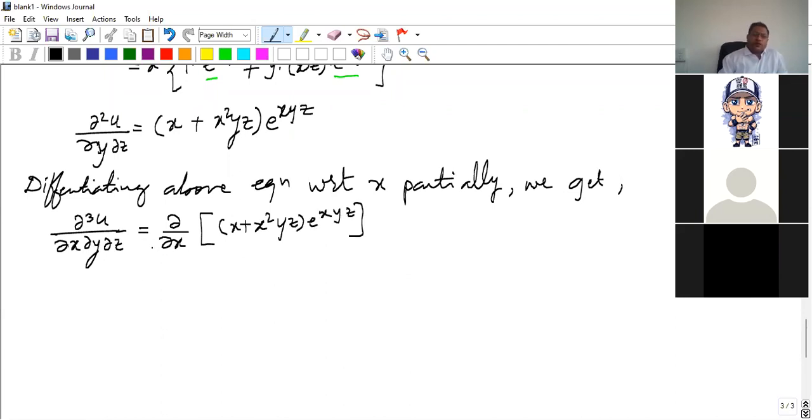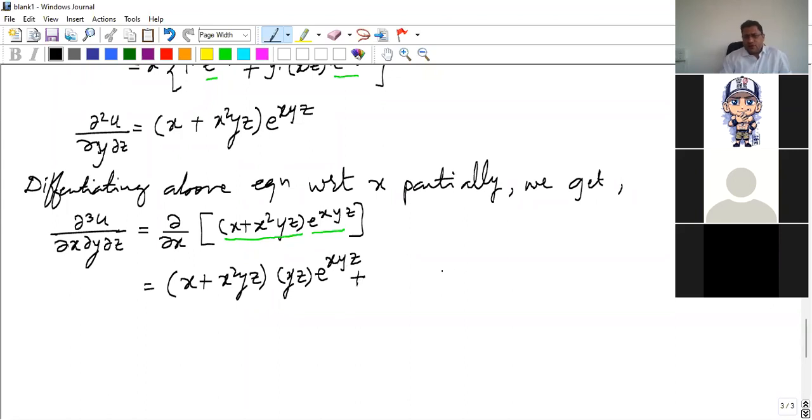So again, here we have to use the u into v rule. This term is going to be u, and this term is going to be v. Now, if we consider u remains as it is, x plus x²yz, the derivative of v will be y into z e^(xyz), because we are differentiating with respect to x, so y and z are going to be constant.